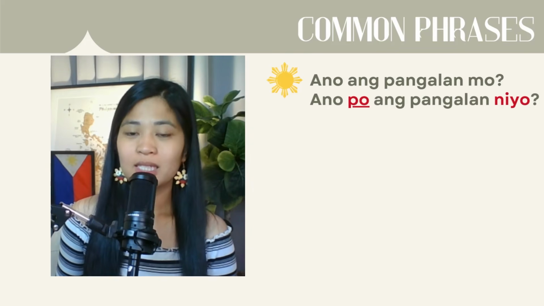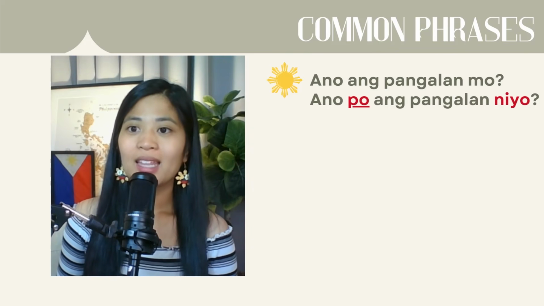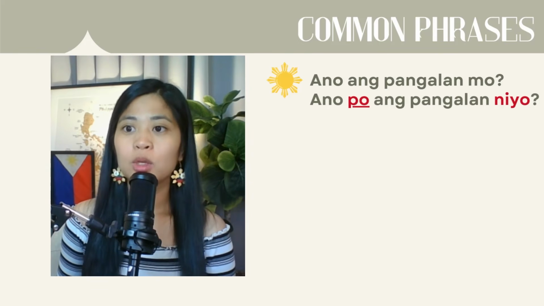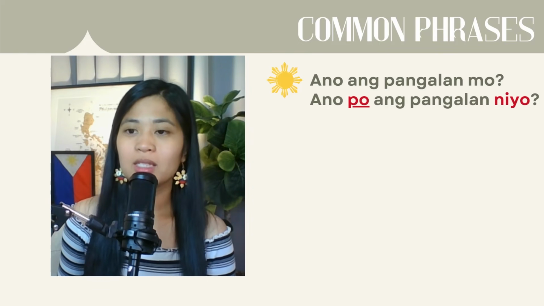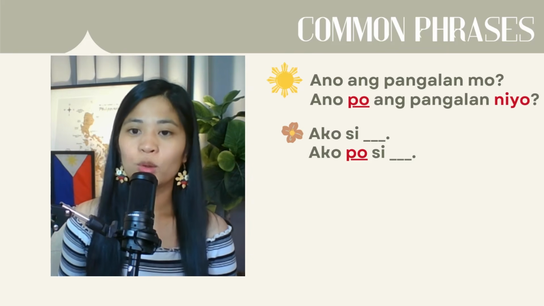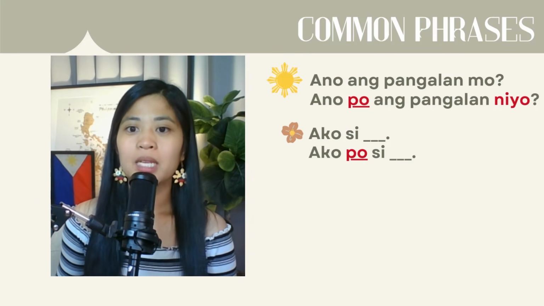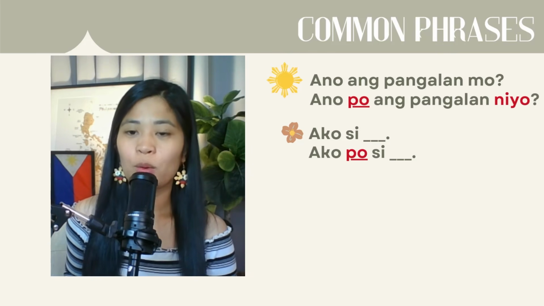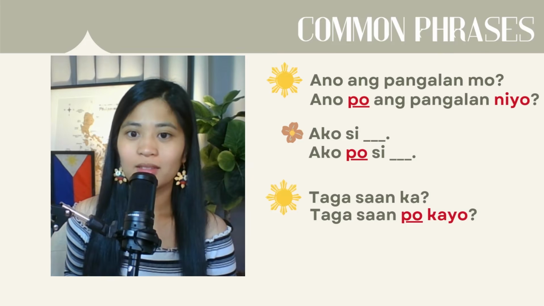So po is the second word here, goes right after the word ano. And then mo becomes nyo. So again, the singular you pronoun becomes a plural you pronoun. Next, ako si Pat becomes ako po si Pat. Po is the second word in this phrase.